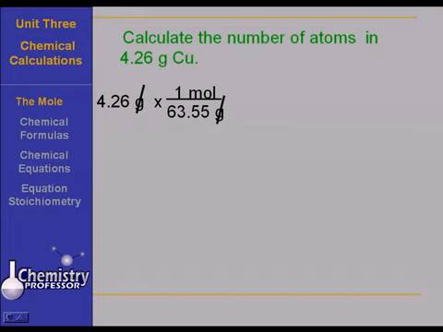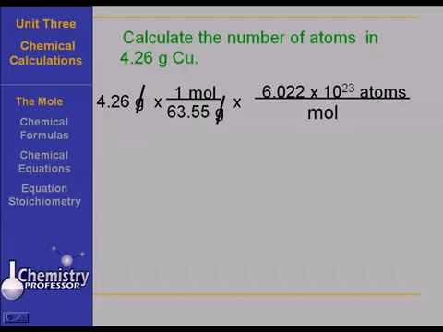Now let's go from moles to number of atoms. It's times 6.022 times 10 to the 23rd atoms per mole, and your moles cancel. And what does this leave us with? I calculated it to be 4.04 times 10 to the 22nd atoms. That's right. And with the mole roadmap, you won't get confused about what to do, so keep it in mind.